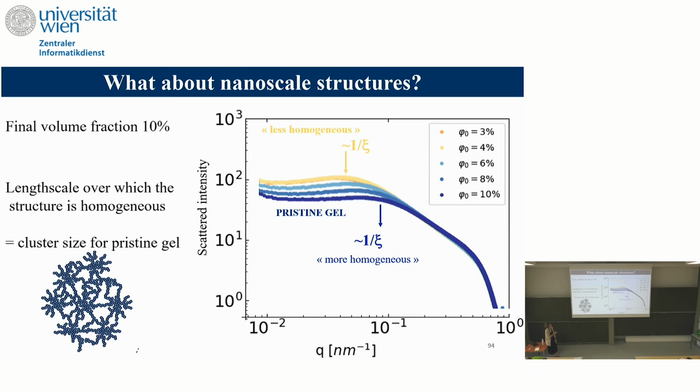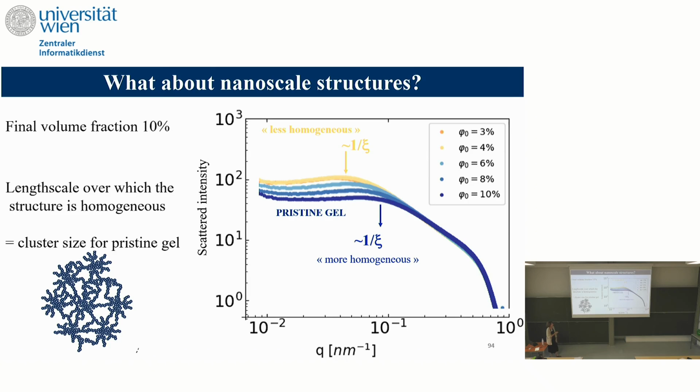And what we can identify is this length xi. It's not exactly the same as Mehdi's, but it's what poor experimentalists can do: the size over which the sample looks homogeneous. So it's a size over which the signal is flat, and it's more or less the cluster size. This is the cluster size that you have for a pristine gel.